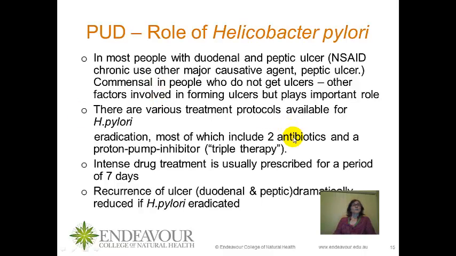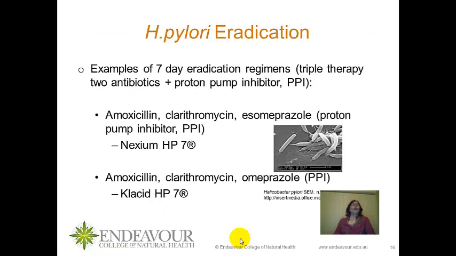So the person is on the 2 antibiotics. Recurrence of the ulcer dramatically reduced. Resolving of the ulcer greatly increased if they can successfully do the 7-day triple therapy and the eradication of Helicobacter pylori. Some examples of some eradication regimens with the 2 antibiotics.